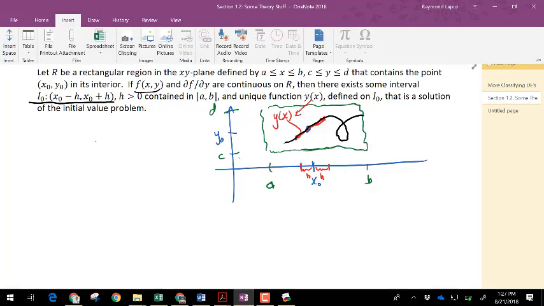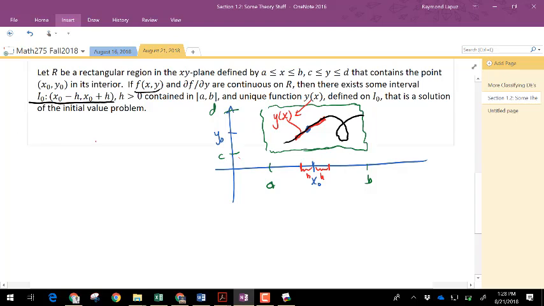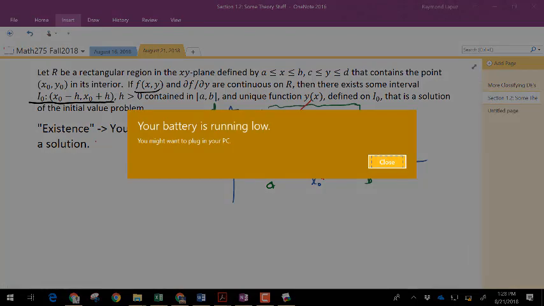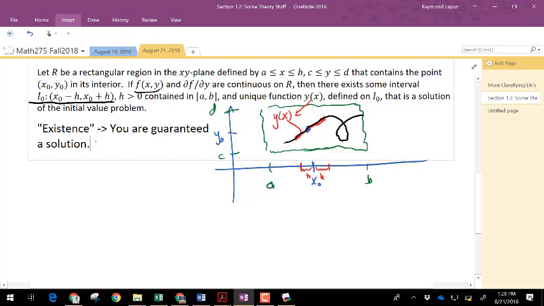I suppose I can just type it. There it goes. All right, where are we?